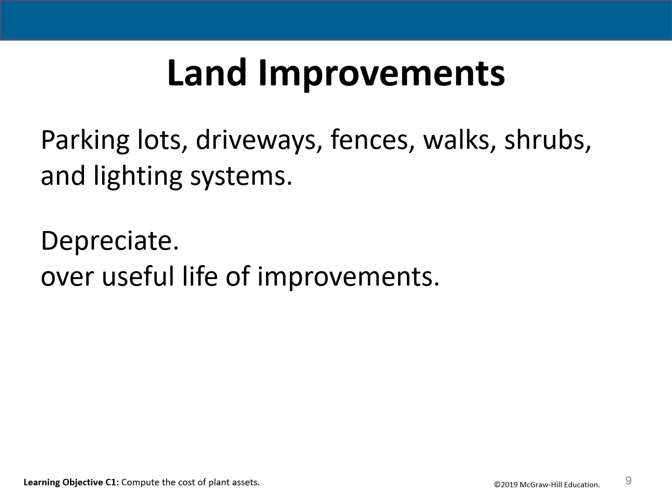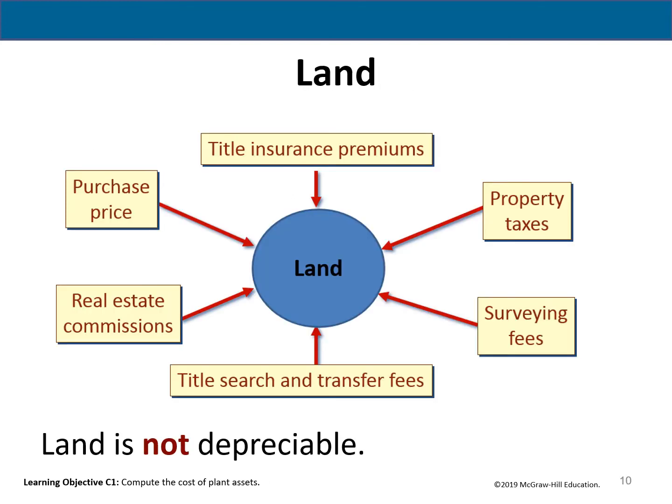All of these items are on or in the land and will deteriorate over time. We keep them separate from our land because these items are depreciated. Land is not.